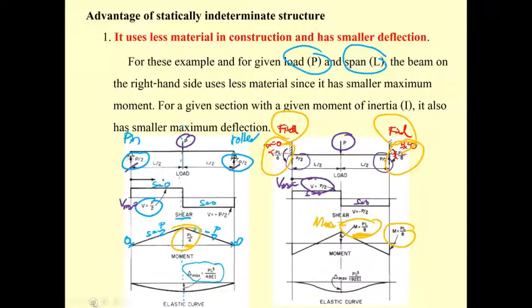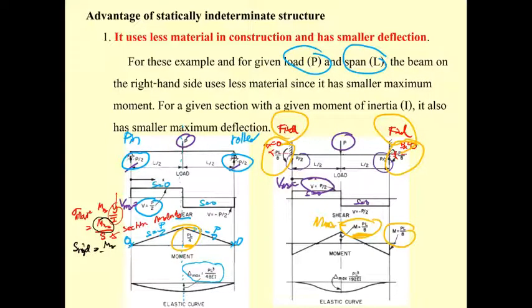Now, when we do the design, we set sigma allow equal to M max times Y over I, and we call this S. It's going to be M max divided by S, and S, going back to mechanics of materials, is also called the section modulus.